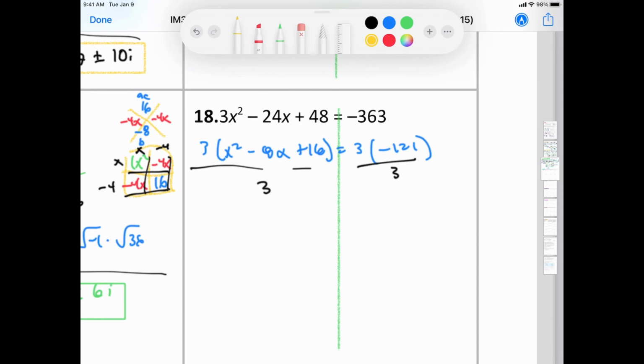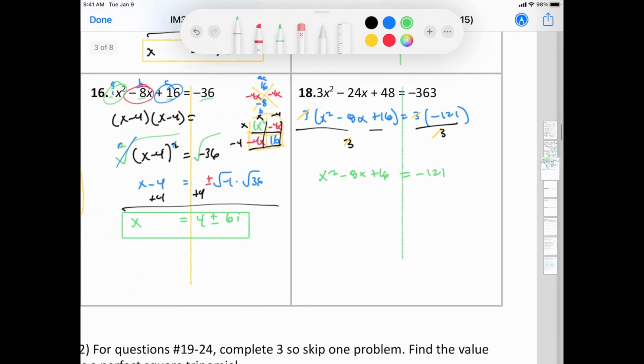You're going to get x squared minus 8x plus 16 equals negative 121. Let's go ahead and factor. This will give you A, B, C. A times C is 16. B is negative 8. Half of that is negative 4.